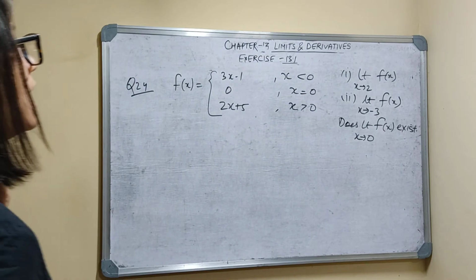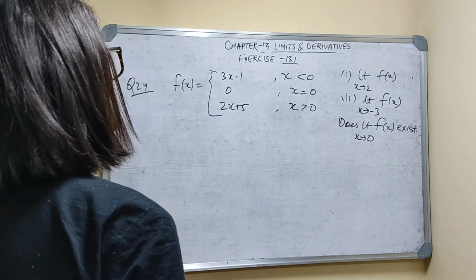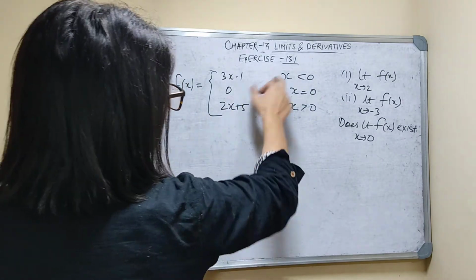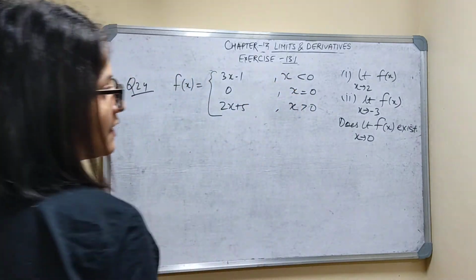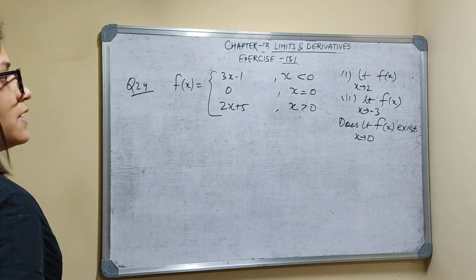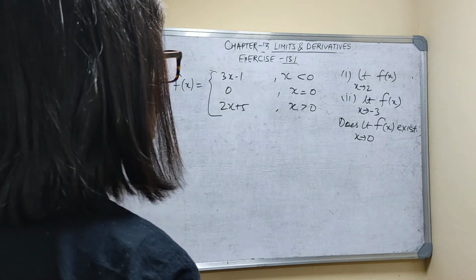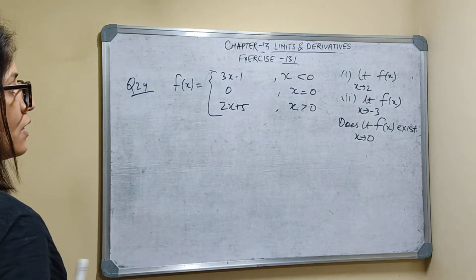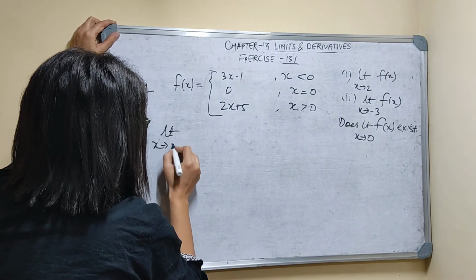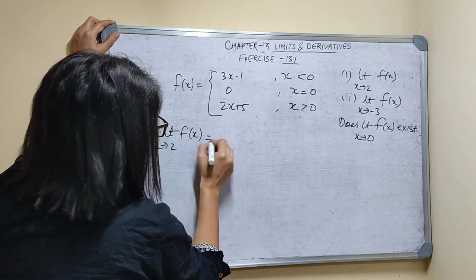So, limit x tends to 2 of f(x). Here the base point is 0, and the conditions are x less than 0, x equal to 0, x greater than 0. Since the base is 2, not 0, you don't need a left hand or right hand limit.